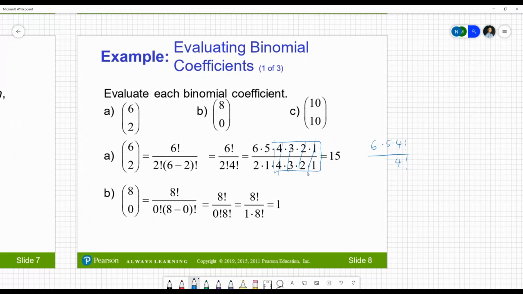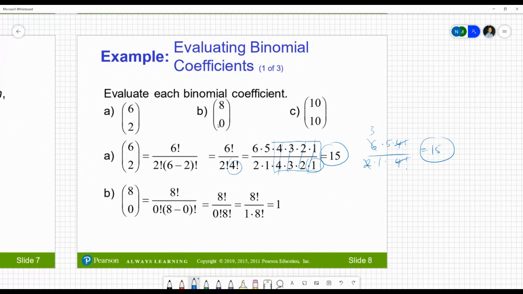So here I'm going to stop at 4 factorial because there's a 4 factorial at the bottom. And we can expand 2 factorial because there's nothing else to cancel with. So I can cancel the 4 factorial, and then I just have 6 times 5 over 2 factorial. You get the same answer, except here you don't have to waste time expanding all the way down to 1. Okay?